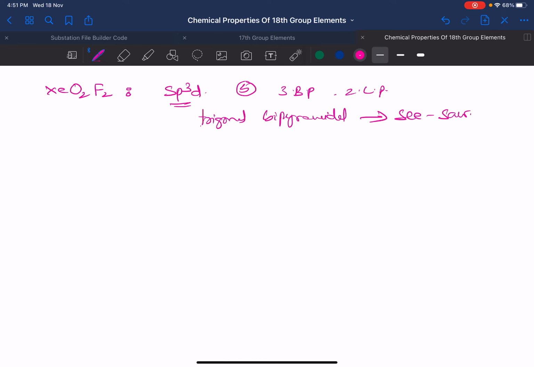Now we will draw the structure of XeO2F2. Xe, double bond O, F, F. Here it is a lone pair, and here is one double bond O and another double bond O. So that is the structure of it, also called the seesaw structure.